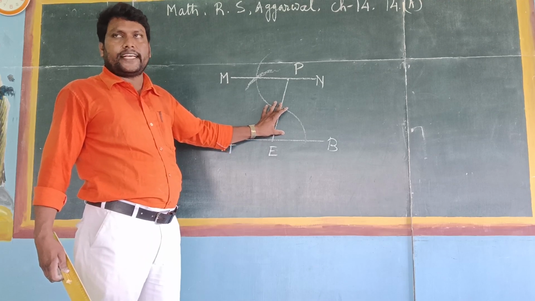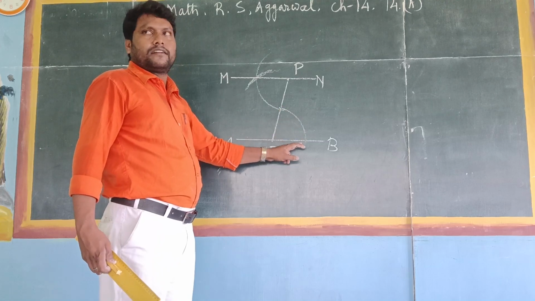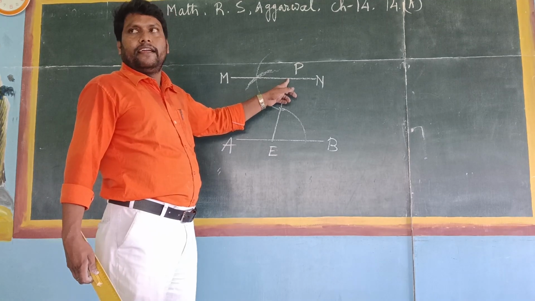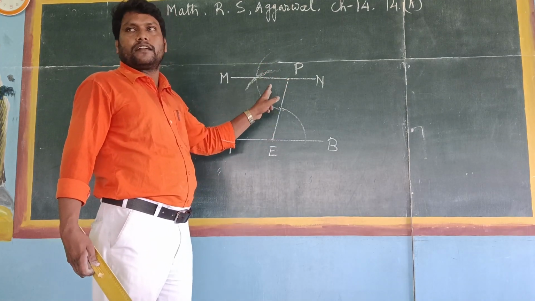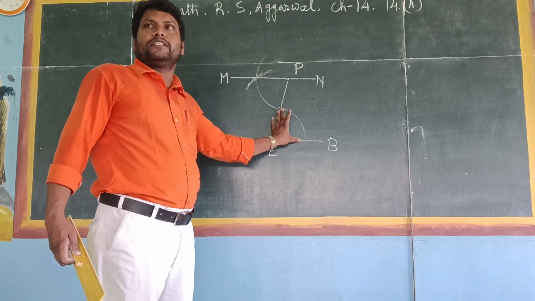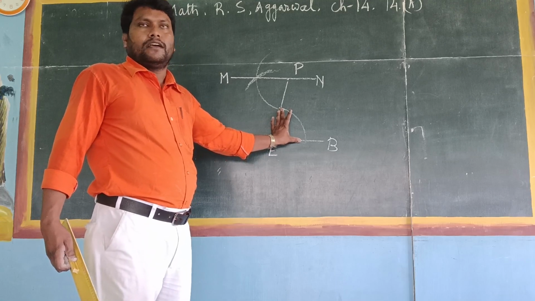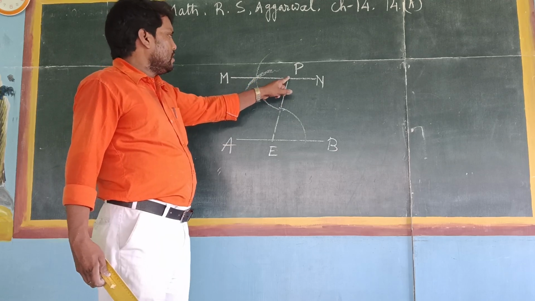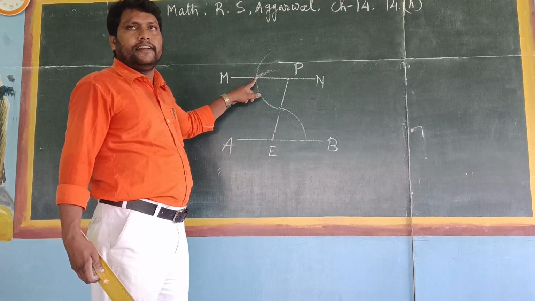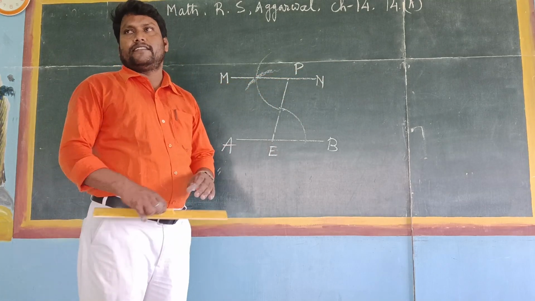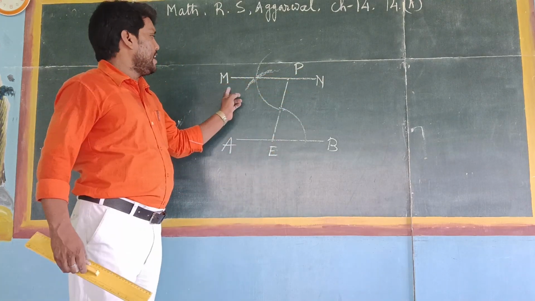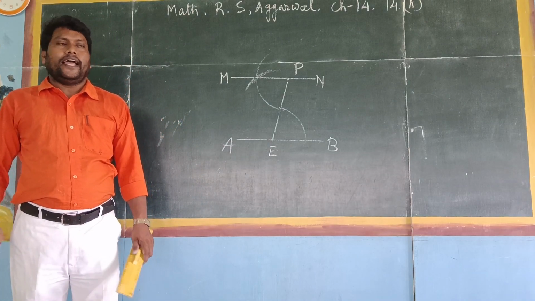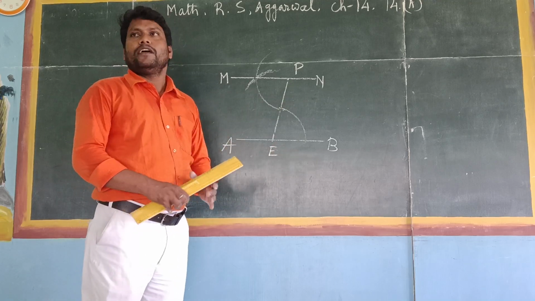Then, next step, I have drawn an arc from the vertex E, and from the point P, I have constructed the arc here. Then measure the opening part with the compass, and from this intersecting point I have cut here, and join P and this intersecting point. Then automatically the line PQ, MN, appears.